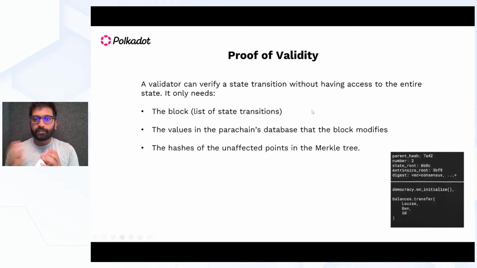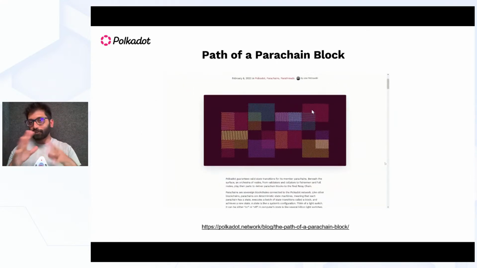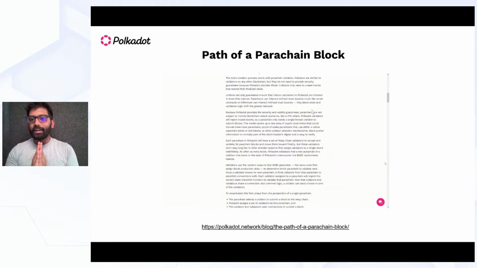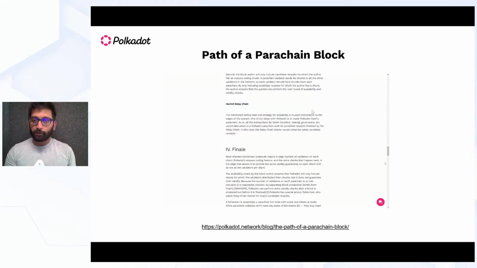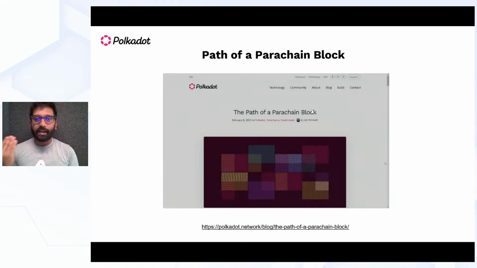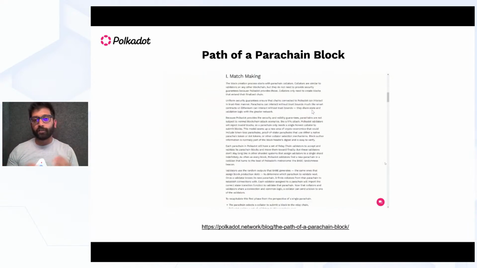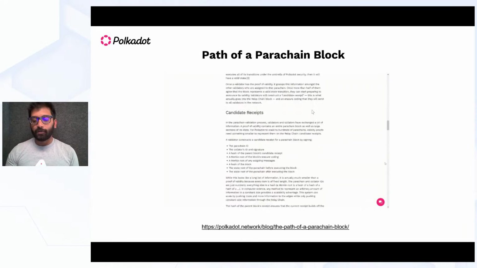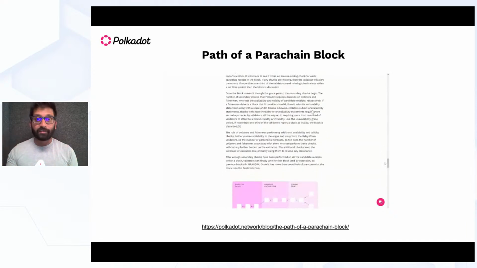Yep. So that's pretty much what is going to be sent by a collator to the validator, and the validator validates that block, ensures that everything is as expected, and the validator creates a digest. It's called a candidate receipt. So that candidate receipt is stored on the relay chain. So it's basically a lightweight representation, a digest of the parachain block.